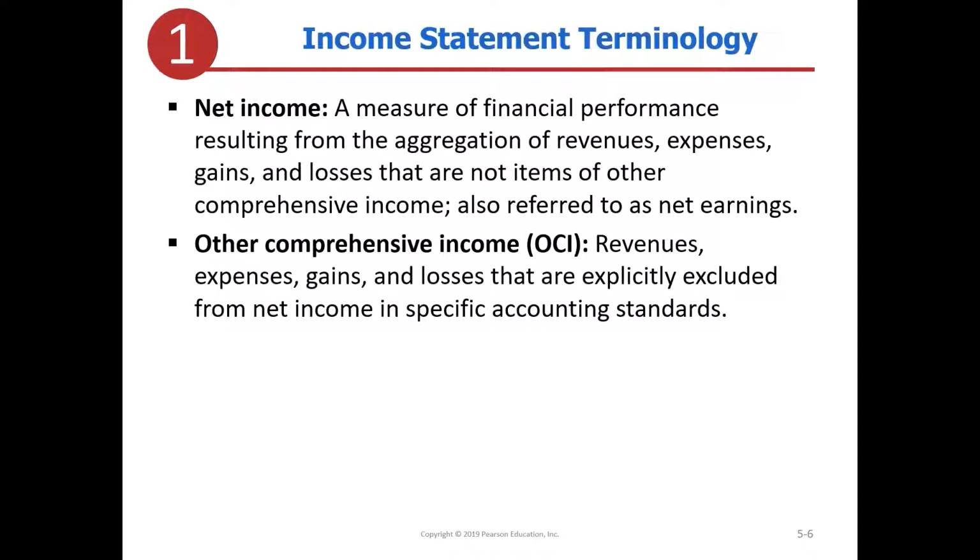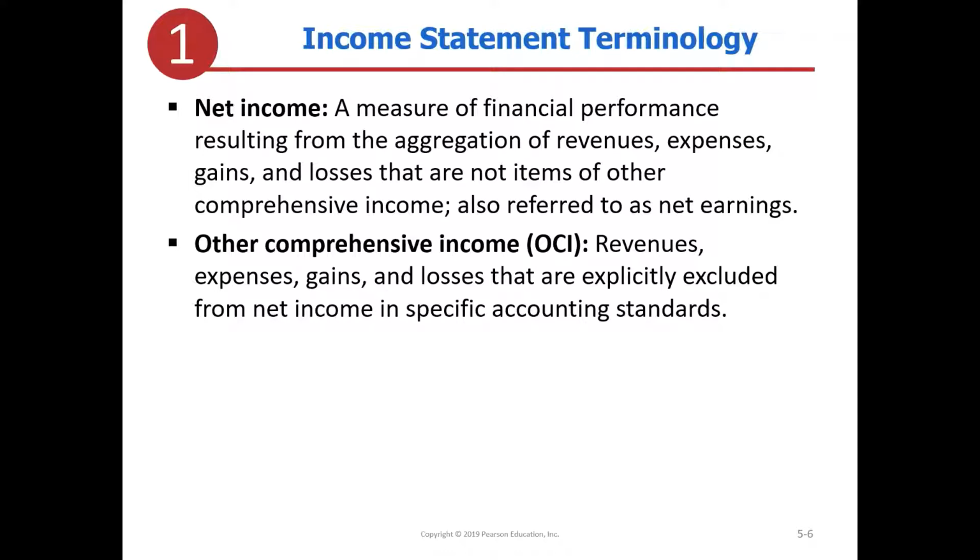So what is net income? Net income is a measure of financial performance resulting from the aggregation of revenues, expenses, gains, and losses that are not items of other comprehensive income. Net income is also referred to as net earnings. Other comprehensive income is composed of revenues, expenses, gains, and losses that are explicitly excluded from net income in specific accounting standards.